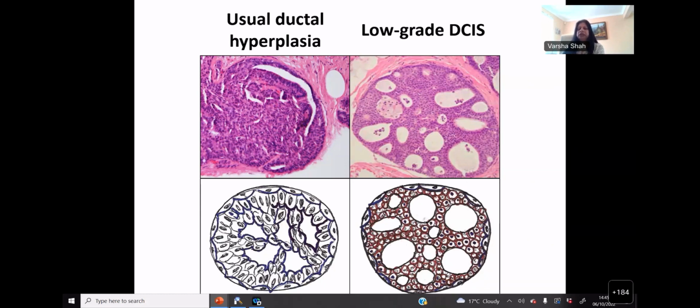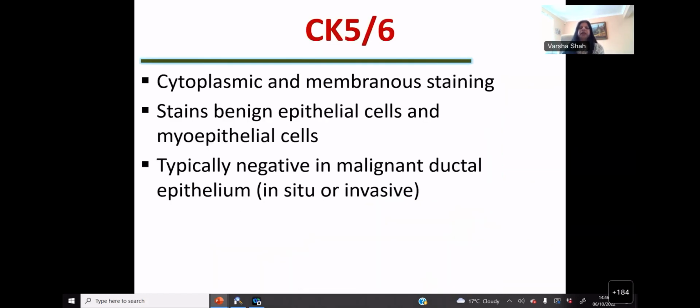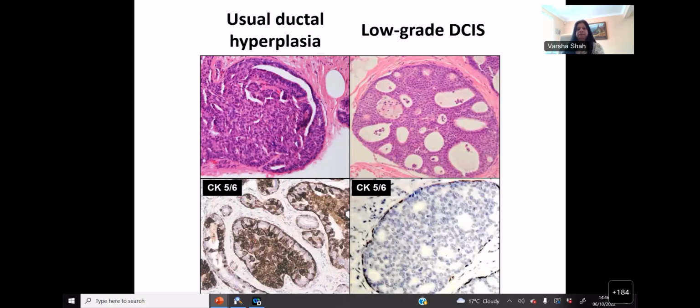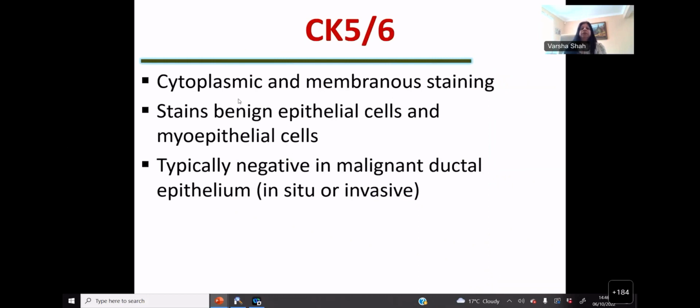And then if you are really stuck and you can't differentiate whether it is usual ductal hyperplasia or low-grade DCIS, then you do CK5/6, which is a high molecular weight cytokeratin. So you can either use CK5/6 or you can use CK14.